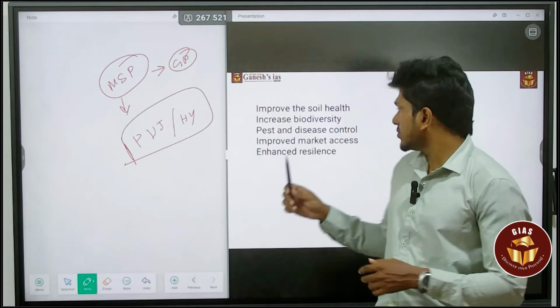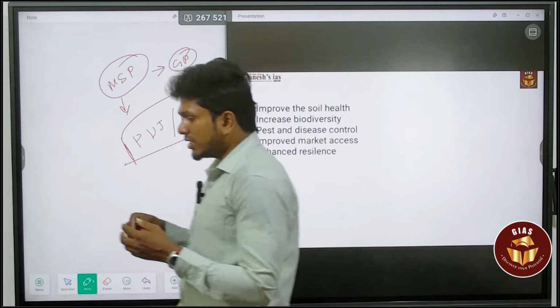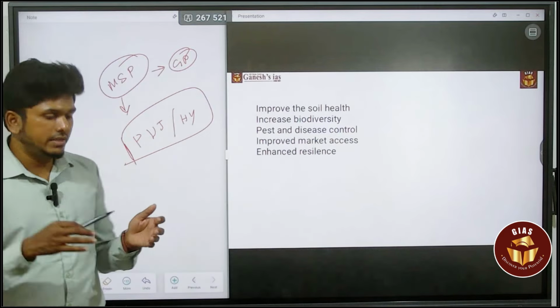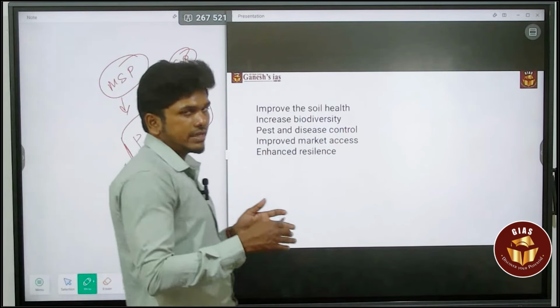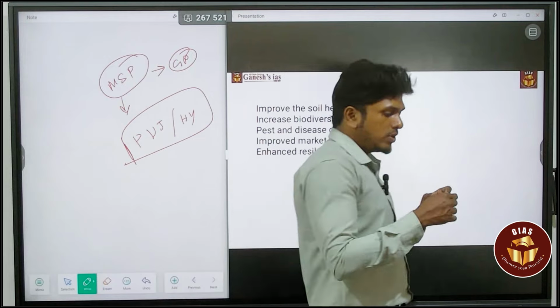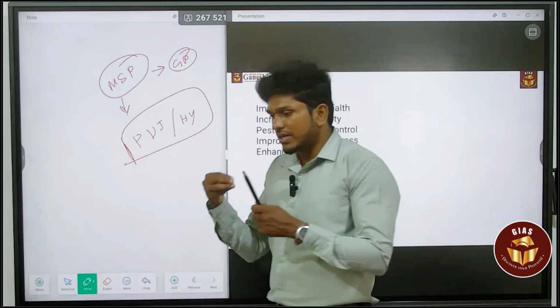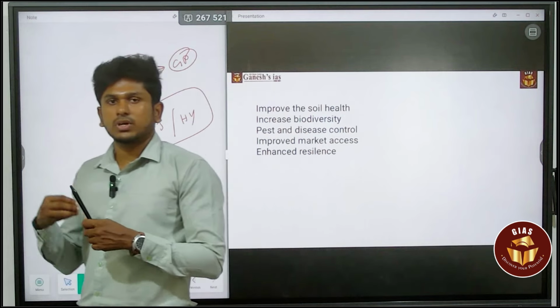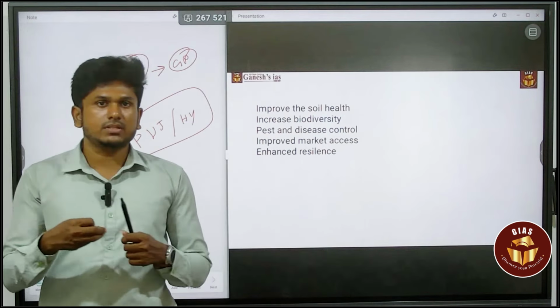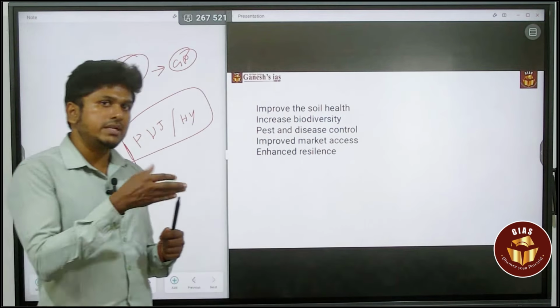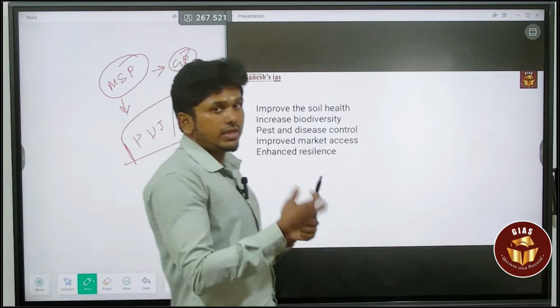Next, you have to know how it is going to control the disease and pest attack. If you are continuously cultivating rice in your field and continuously using the same pesticides, the first time the pest will be affected by that and may die.